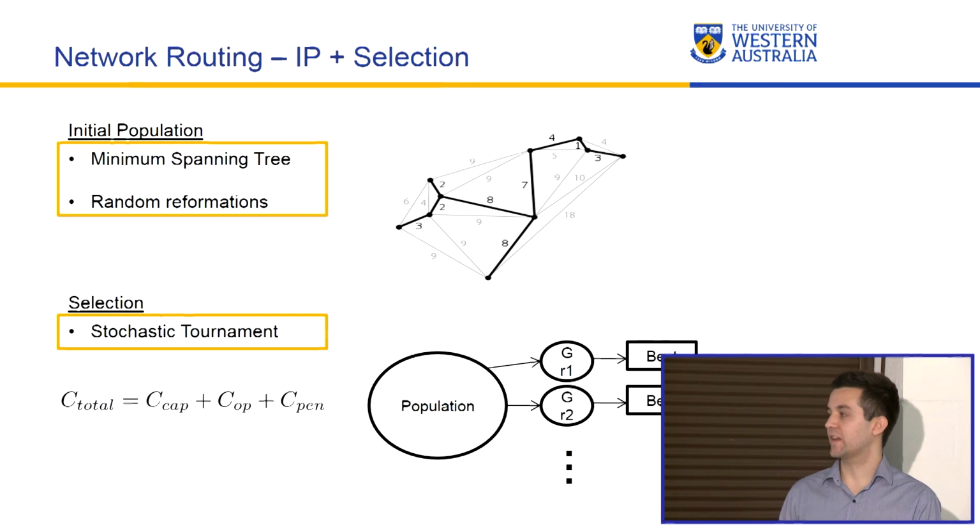Next, we perform a stochastic tournament selection, where, of course, it is based on our total costs. So, as I said earlier, minimum cost refers to a higher fitness, where we'd have a large population, our entire population, and we would group it into smaller groups, say a set of 5 groups or more. We then select the best out of those groups and then reform our new population based on those best solutions.